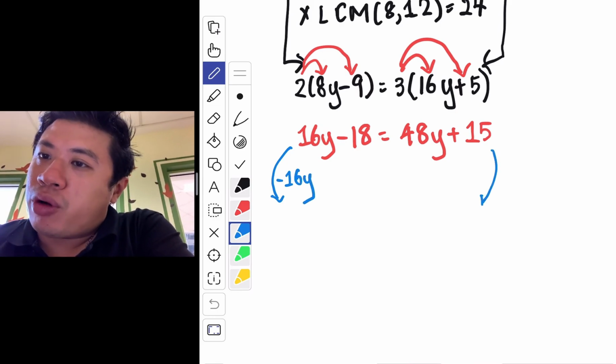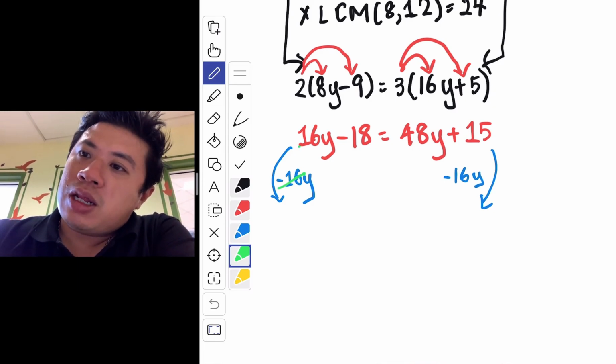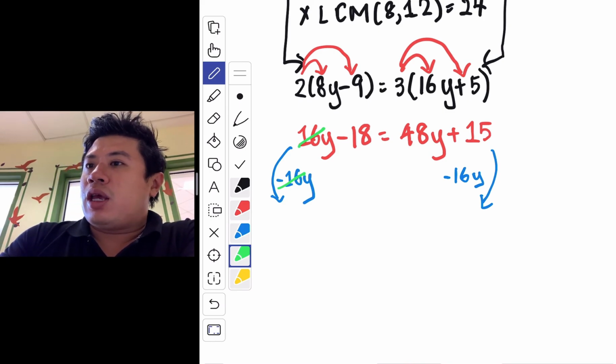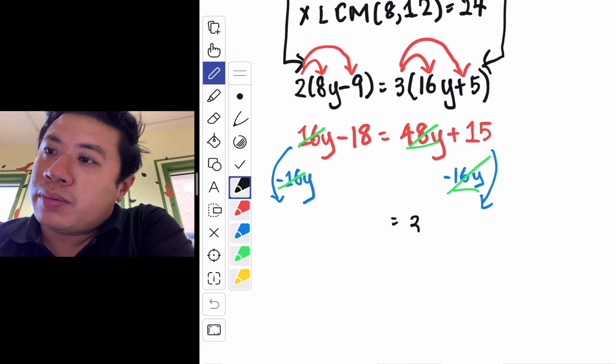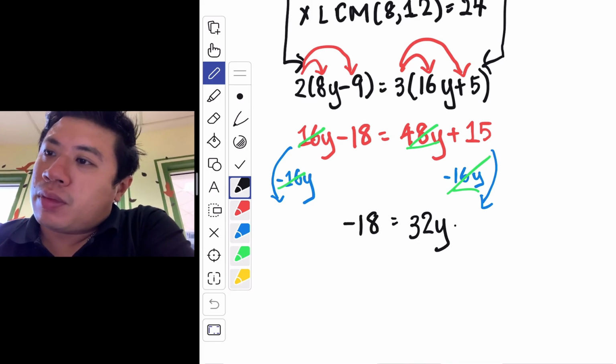Negative 16 and positive 16 will cancel off, I'll get a 0 pair. Now 48 minus 16 will give me 32. So I get the answer 32y, equals to negative 18 plus 15.